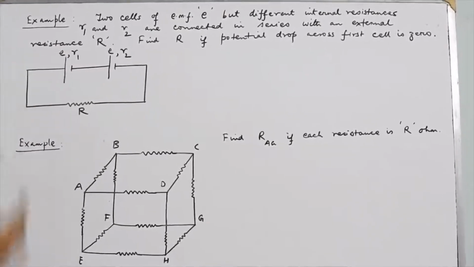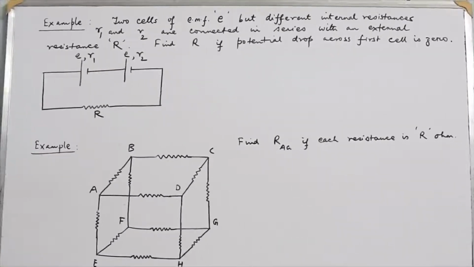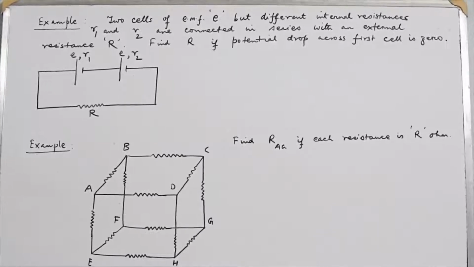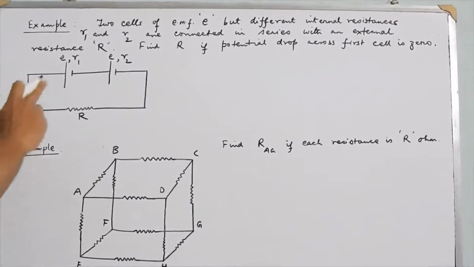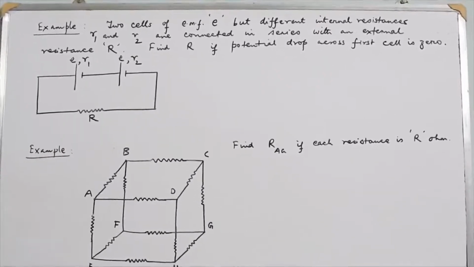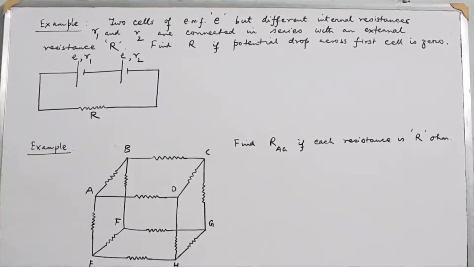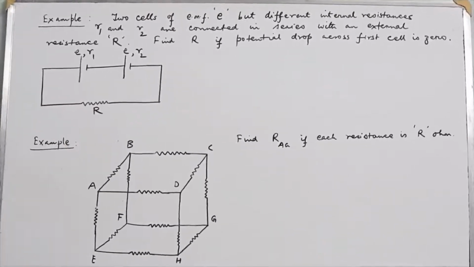So in these situations, in the entire loop, we assume that there is some current flowing. So we don't enumerate currents differently for different cells, but in such cases where it might be difficult to identify the direction of the current, throughout the loop we assume there is a current which is flowing.